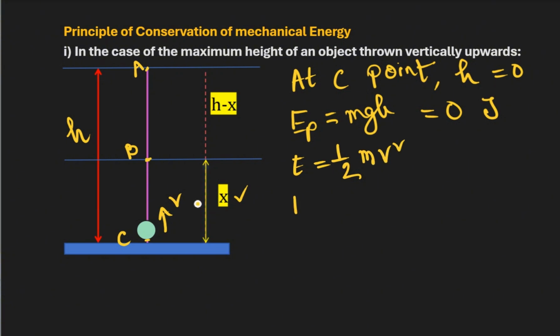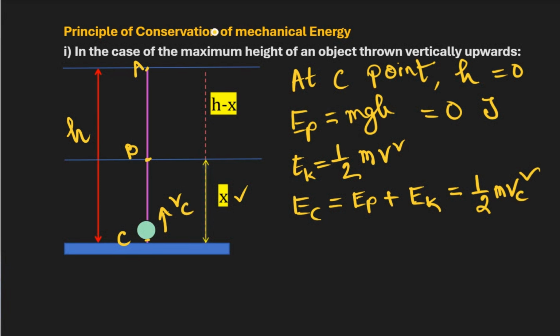So the total energy at point C is EP plus EK, which equals half mv square. So this is the total energy at C point. Let's say the velocity at C point is vc.